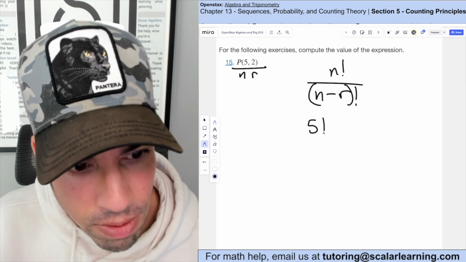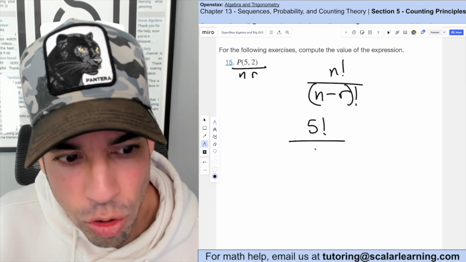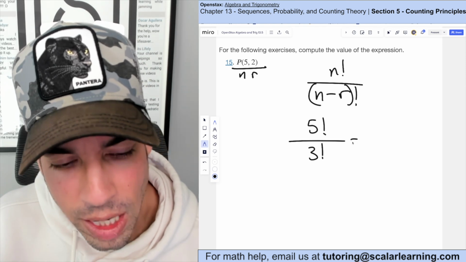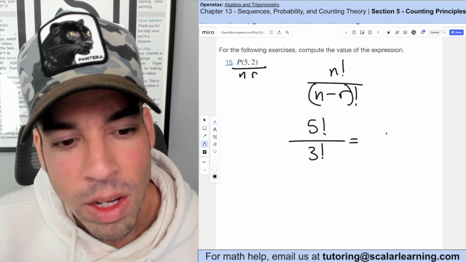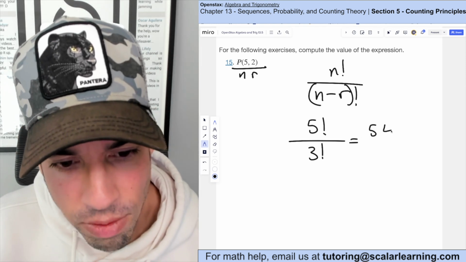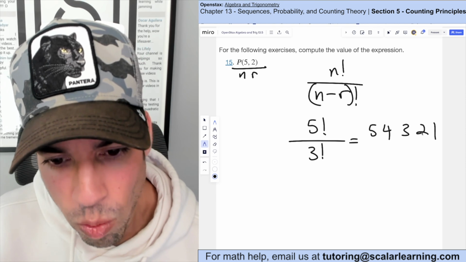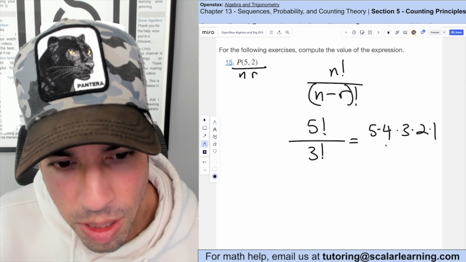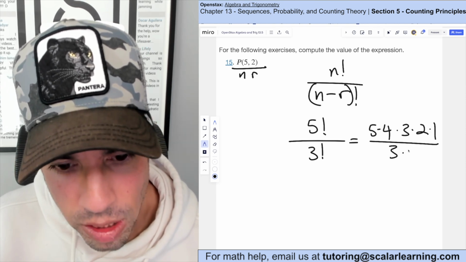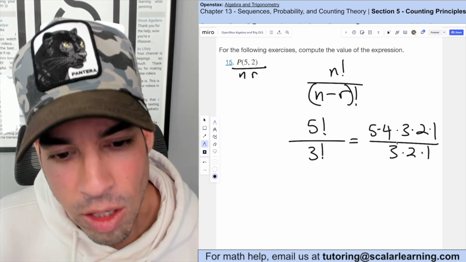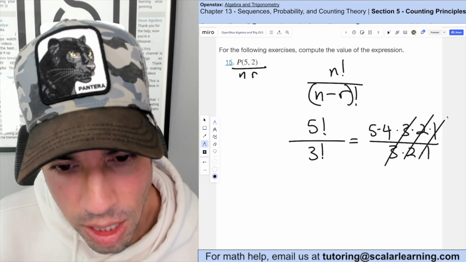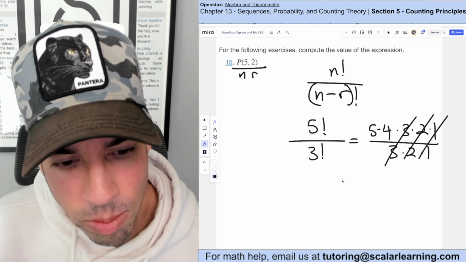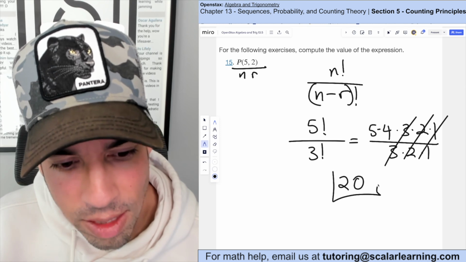We've got 5 factorial over 5 minus 2, which is 3 factorial. Just a quick reminder, what is factorial? It's that multiplication countdown: 5, 4, 3, 2, 1, all the way down to 1, multiplying. And for 3 factorial, it's 3, 2, 1, again a countdown. You'll notice cancel, cancel, cancel. We're left with 5 times 4, which is 20. And that's how you do it.